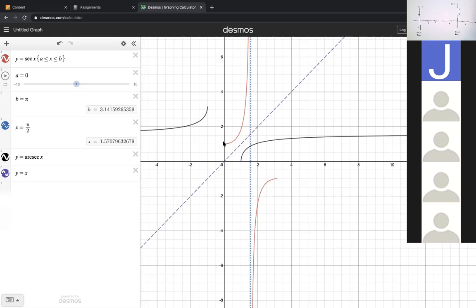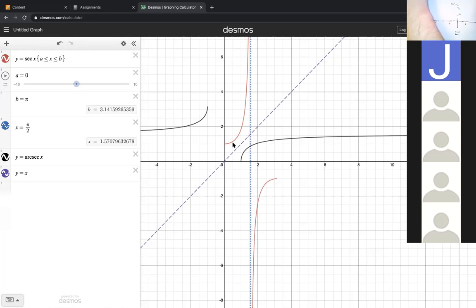Okay, so the original curve secant is in red, the one that we chopped into pieces, and the inverse function is in black, arcsecant. And it's the same as the red curve, but it's been mirrored across the line y equals x, because we interchange the role of the x and the y values to get the inverse function.